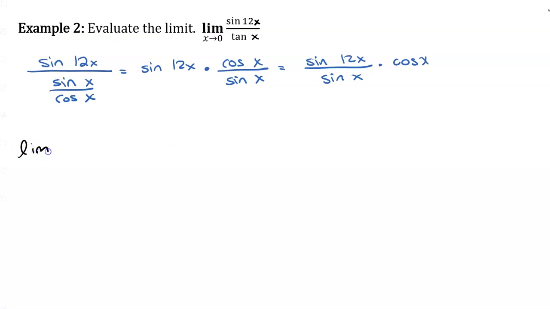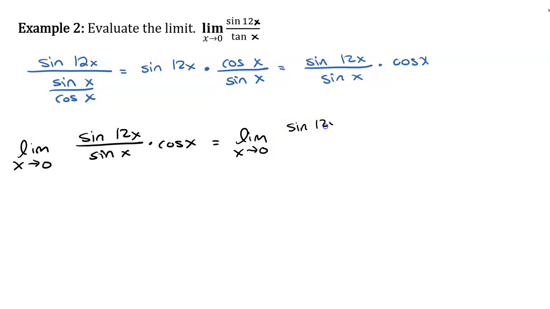The limit as x approaches 0 of sine 12x over sine x times cosine x would be the exact same thing as the limit as x approaches 0 of sine 12x over sine x times the limit as x approaches 0 of cosine x. Once again, because of our limit identities and limit properties, we discussed this in chapter 2.